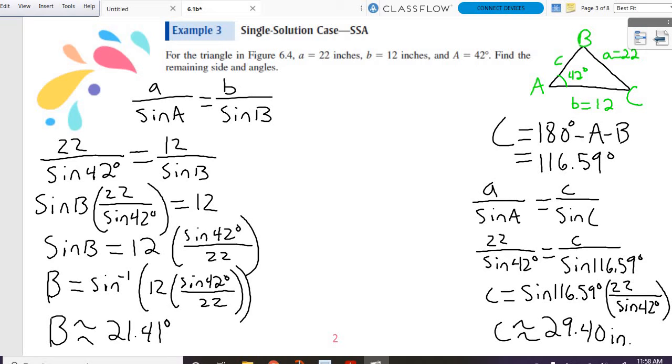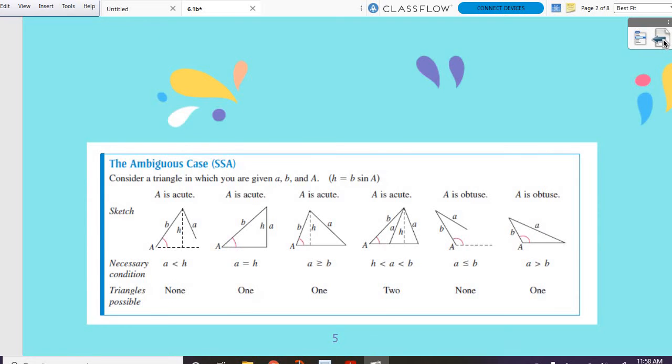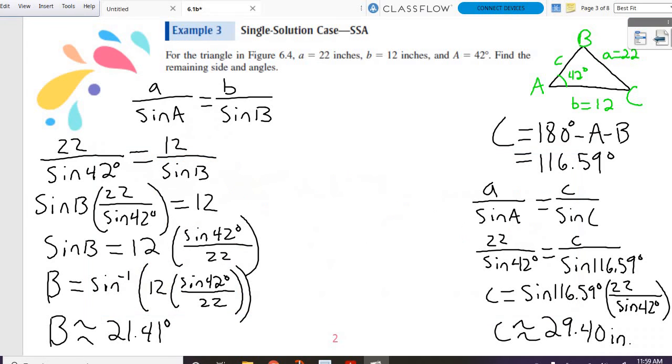Now remember that I said that if we end up with a second solution, one of your angles is going to be acute and the other one is going to be obtuse, because we angle it in or we angle it out, so that is going to create an acute angle or an obtuse angle. But the way that the triangle is set up, that acute angle and the obtuse angle have to be supplementary. Okay? Are y'all with me?